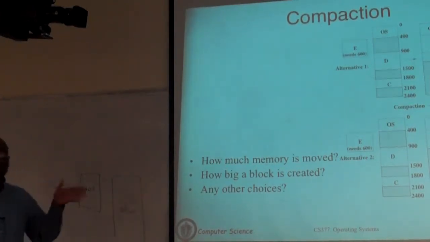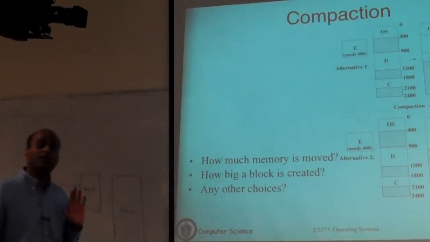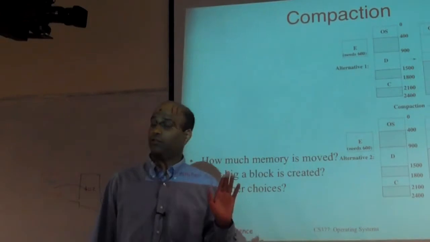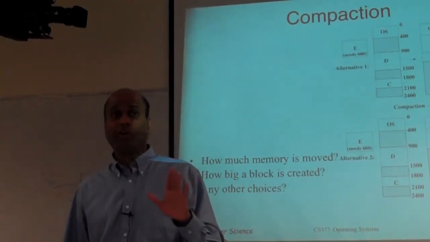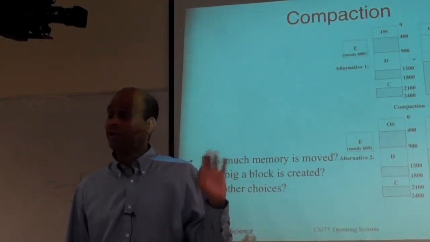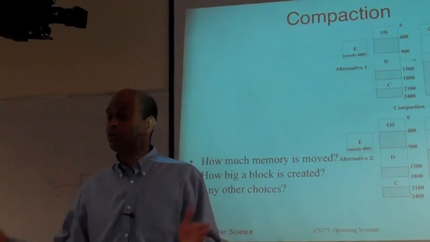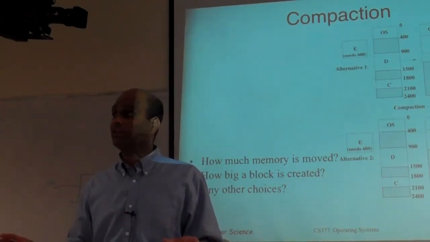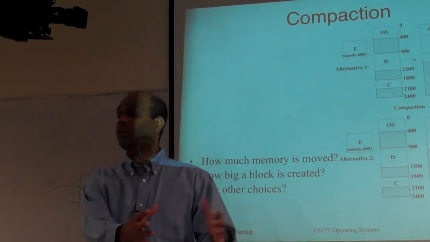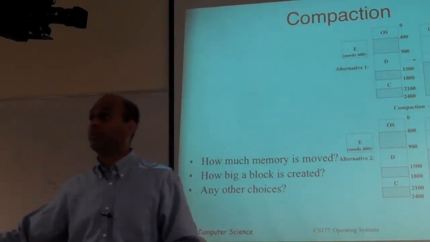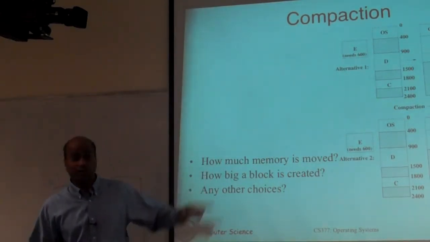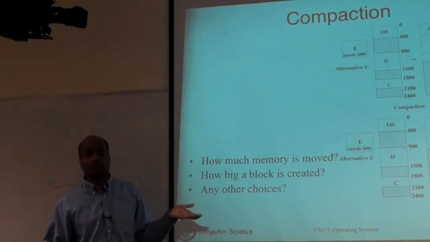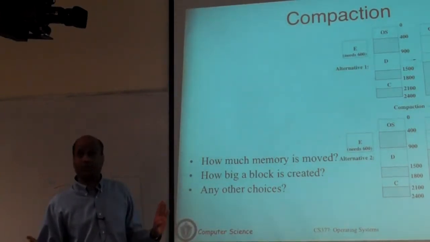Essentially, it is defragmentation. This is the same thing that happens on disks. If you actually have run a defragmenter on your disk, this is exactly what it is doing. It is taking all these files that are scattered everywhere and storing them in one space, so there's a lot of free space at the end. It also improves performance. In this case, we are doing it to remove external fragmentation. Performance is not the issue.